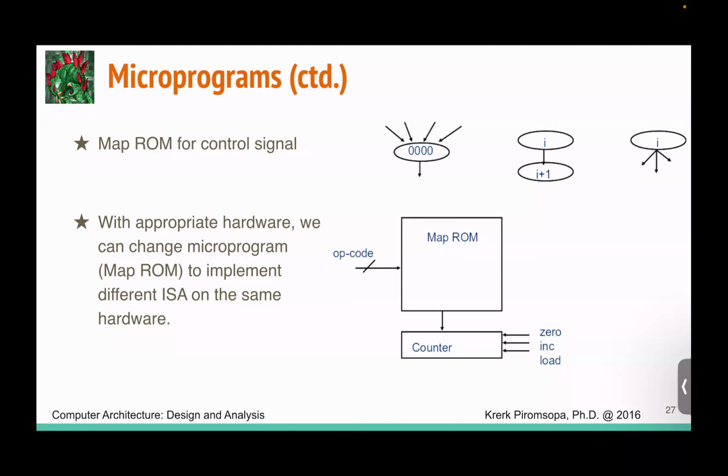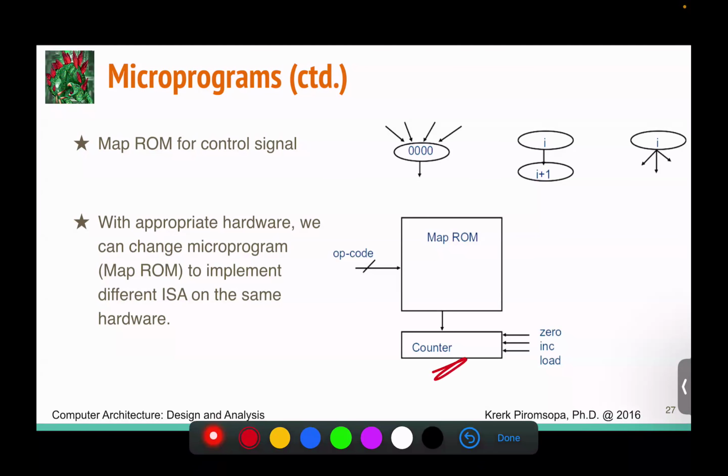So for the micro PC, this is the micro PC. You have three operations to it. Zero means reset, increment +1, and load means load wherever you want to go. And let's try to map these three to our state machine back then. We see something like this. For this, we want to jump back to zero.